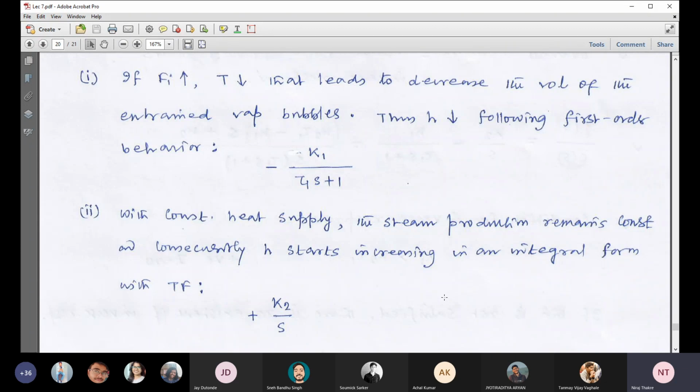That means our production or evaporation rate remains constant, but Fi has already increased, so height will naturally keep on increasing with time consistently. And that is explained by the response of this function K2 by S.